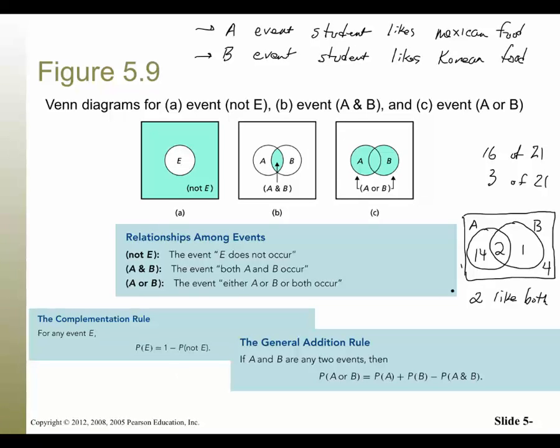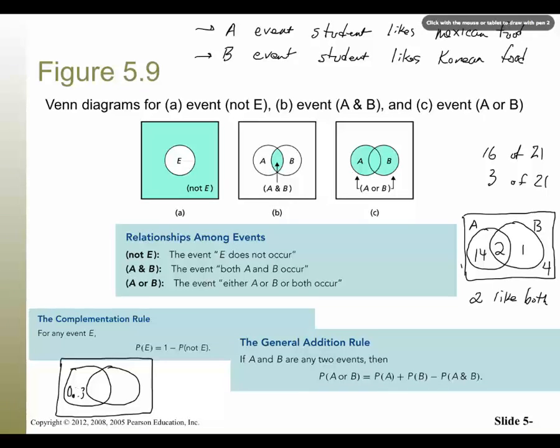So then we can make a probability Venn diagram out of that. If we take all those values divided by 21, it makes a diagram that's probability. So 14 out of 21, that's 0.67, thank you.